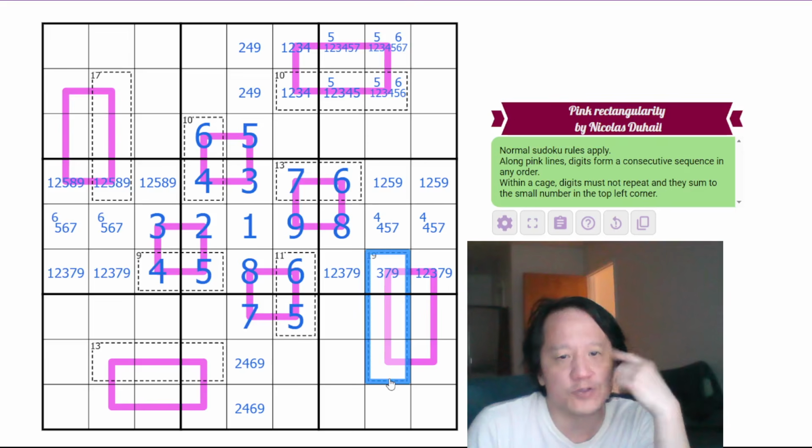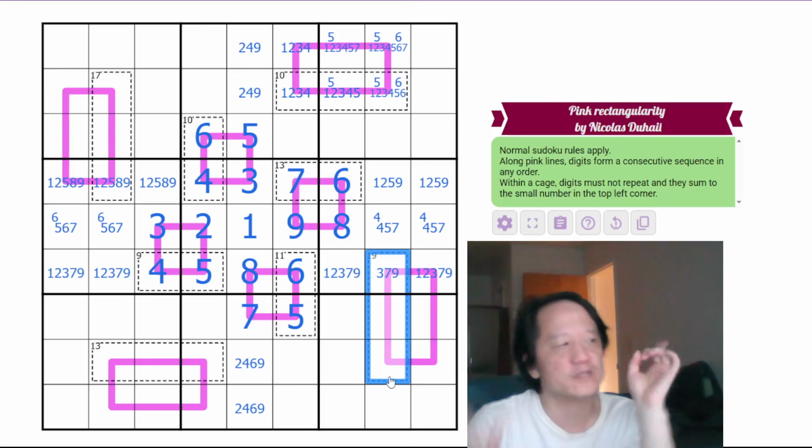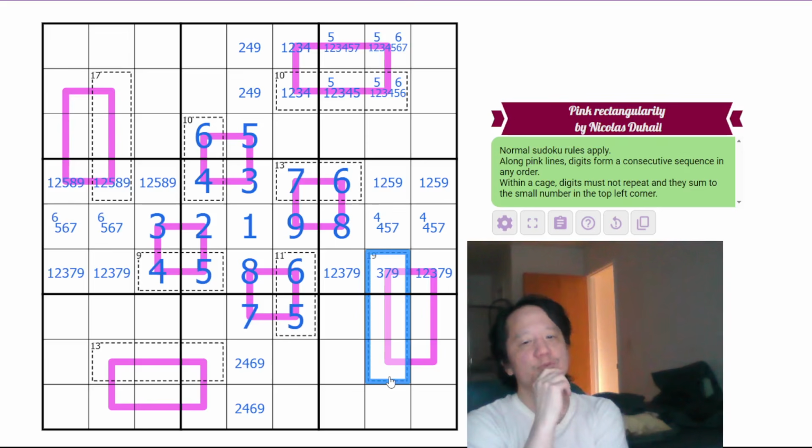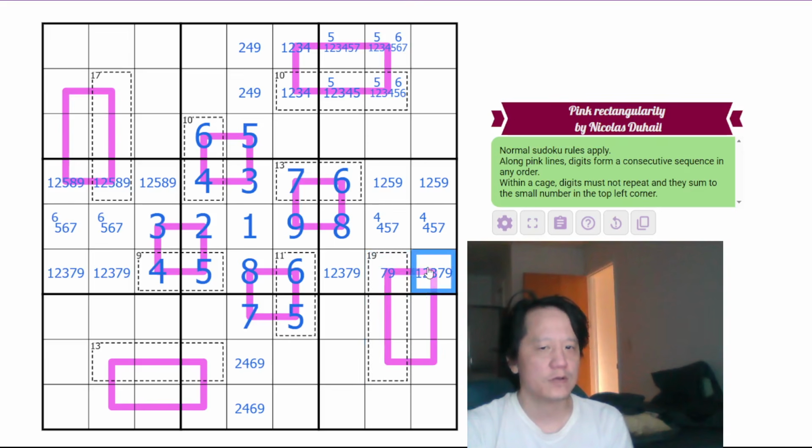Or you could have 2, technically. 2, 8, and 9, but the difference between those 2 and 9 is 7. 3, 7, and 9, the difference between the 3 and the 9 is 6. So that's not possible for this Renban to work. So we are guaranteed this has to have a 7 or 9 here.